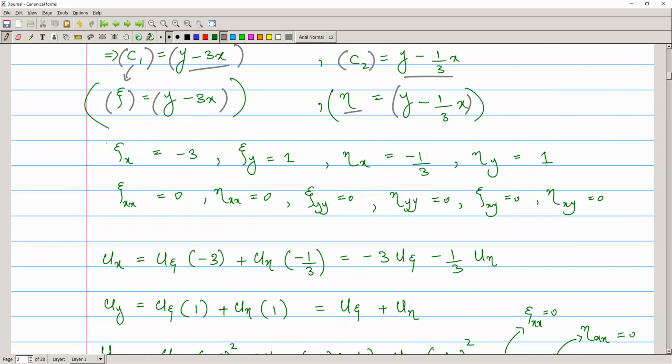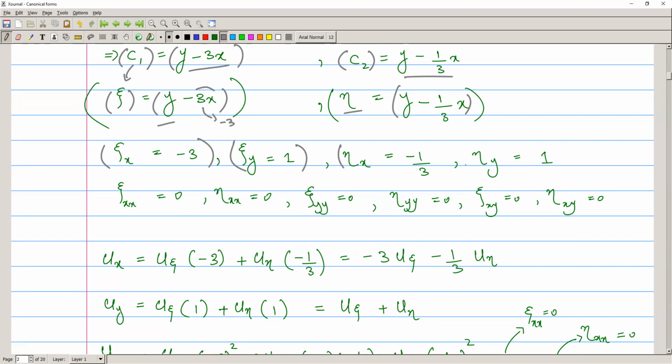So first of all, we will find this psi x, that is the partial derivative of psi with respect to x. So it's minus 3, because when we differentiate with respect to x, this part will be 0, and from here we will get minus 3. And then psi y will be 1. This will become 0 for this part, and the derivative of y will be 1.